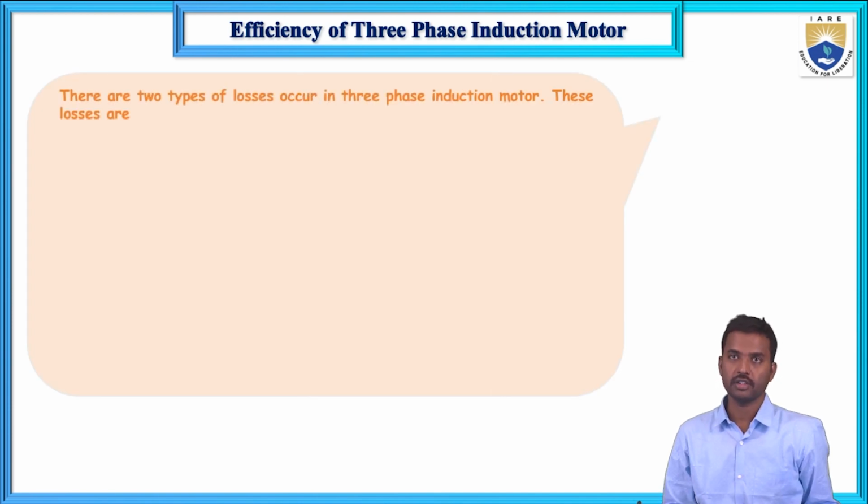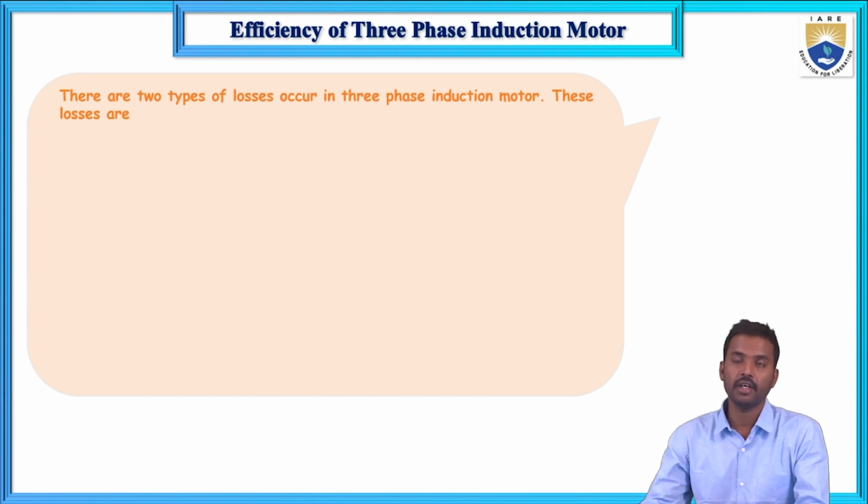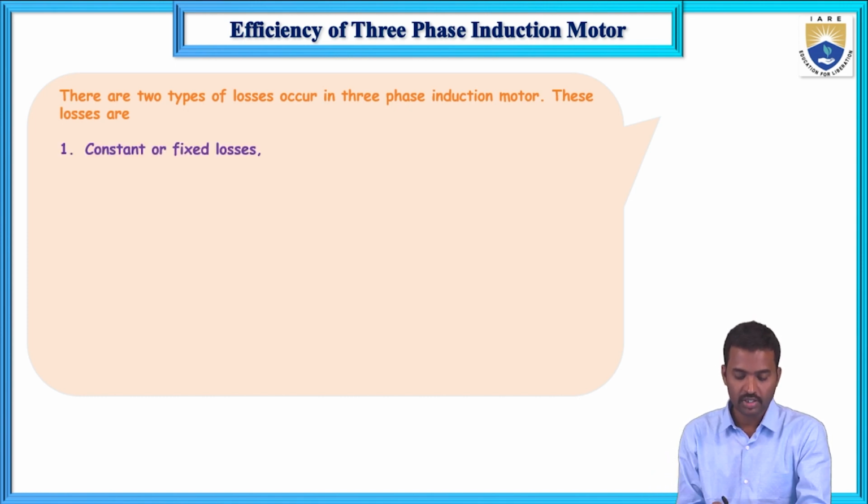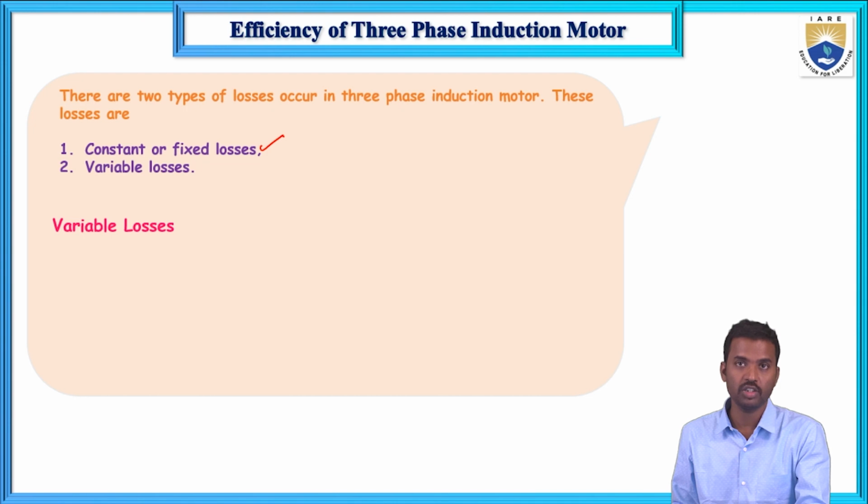Now here are the different types of losses: stator copper losses, stator iron losses, rotor copper losses, rotor iron losses, and windage and frictional losses. These losses occur in two categories: constant losses, which are fixed and will not vary, and variable losses. First I will explain variable losses.